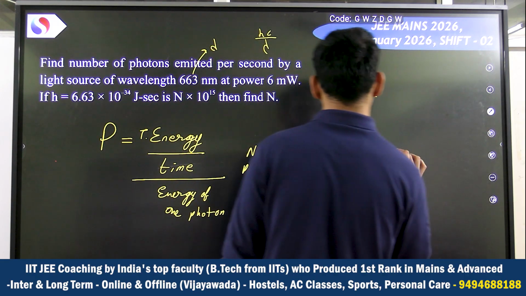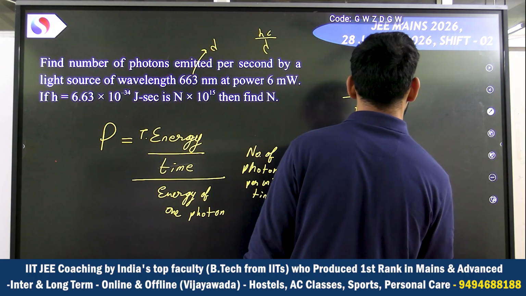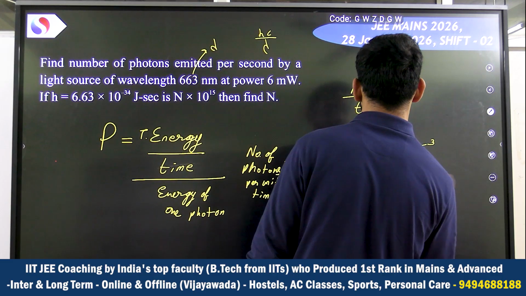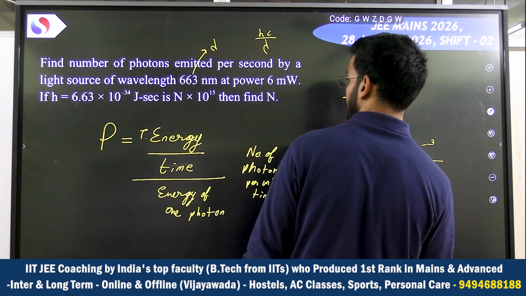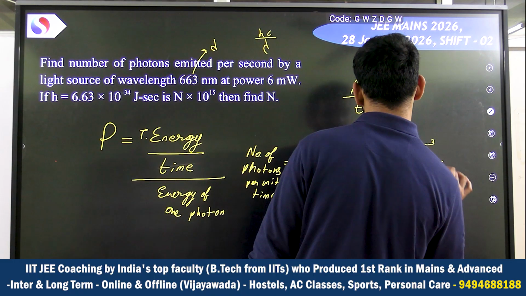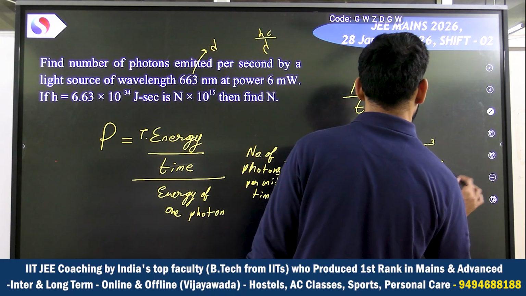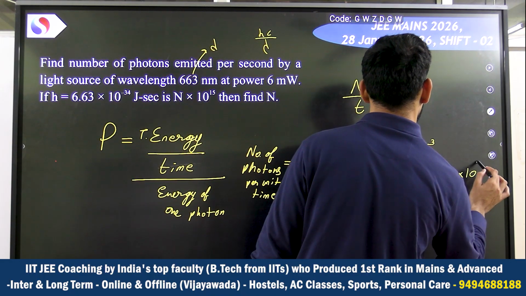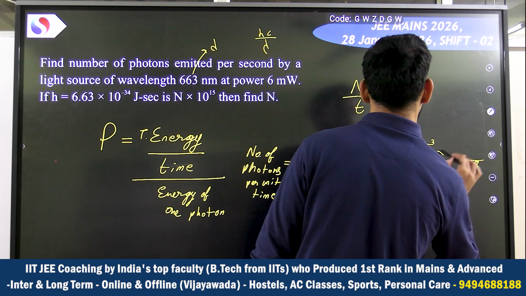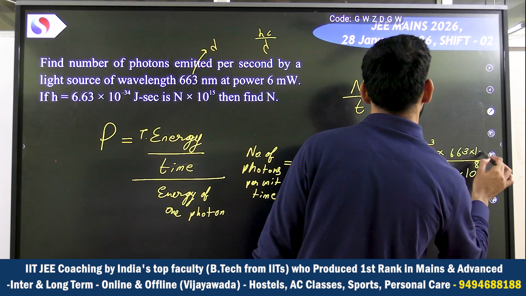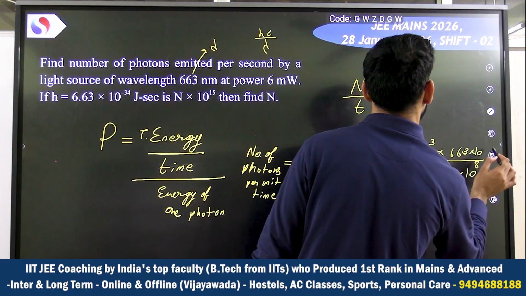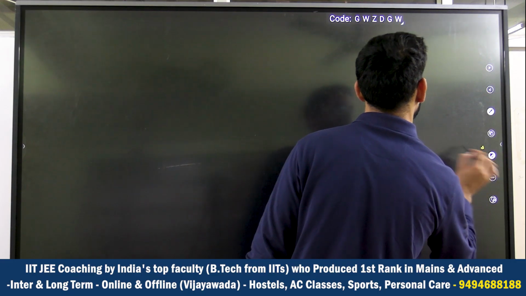See here, power is how much? 6 into 10 to the power minus 3, divided by h, which is 6.63 into 10 to the power minus 34. Okay, and c is 3 into 10 to the power 8, and lambda will go in the numerator, that will be 663 into 10 to the power minus 9.